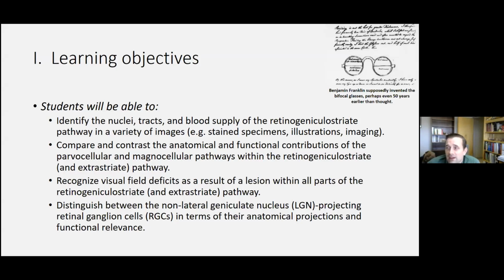You want to compare and contrast the anatomical and functional contributions of the parvo and magnocellular pathways. Recognize visual field deficits as a result of lesions along those pathways, and then distinguish between those non-lateral geniculate nucleus projecting retinal ganglion cells that I mentioned earlier.